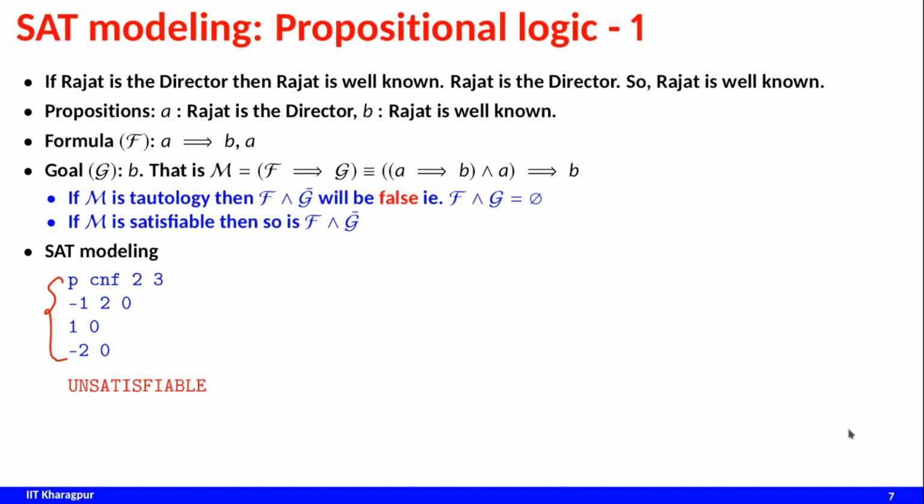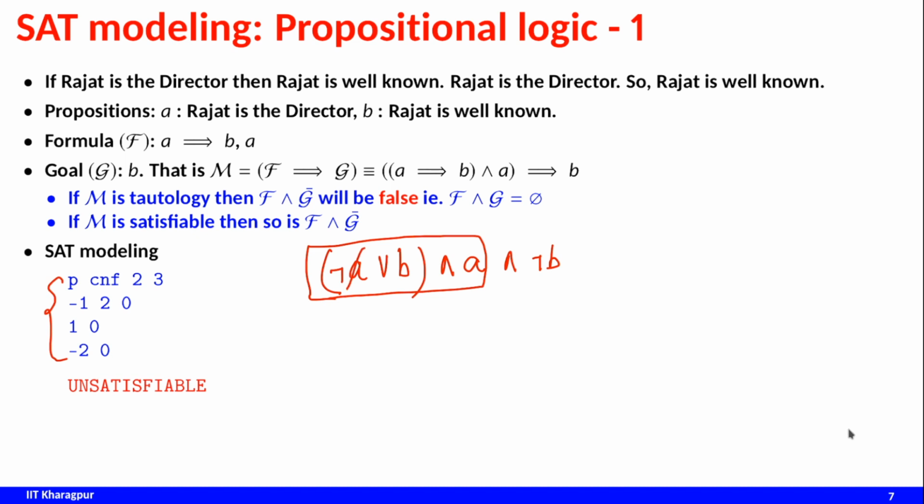The first clause is not A or B, logically ANDed with A, and with not B. Now if I resolve this, this part will get cancelled.